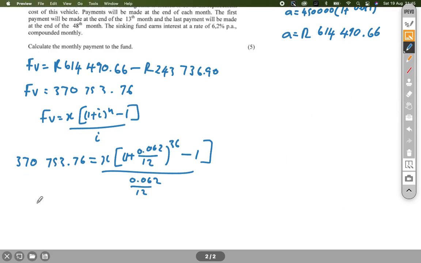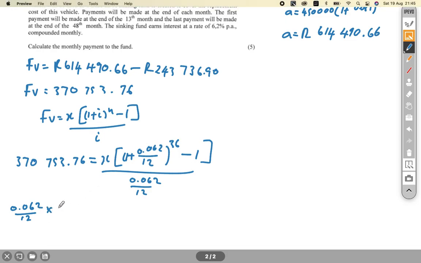Okay, and then now we just cross multiply and divide by the square bracket.